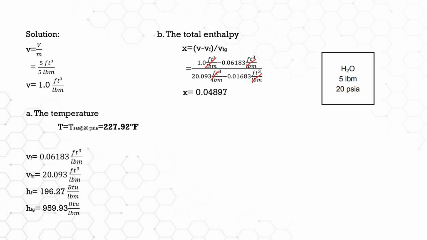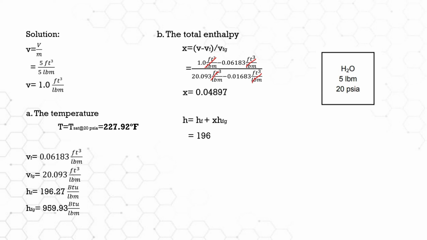In finding the specific enthalpy, we use the formula specific enthalpy equals enthalpy at saturated liquid added to the product of our quality X and the enthalpy at evaporated phase.